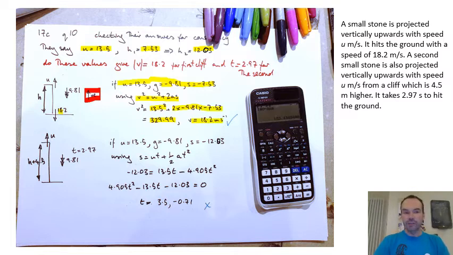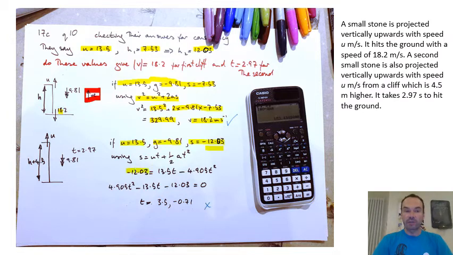If you use u is 13.5, g is minus 9.81 and s is minus 12.03, because in the second question it ends up 4.5 meters lower than it started. If the cliff's 4.5 meters higher, then this value changes to minus 12.03.